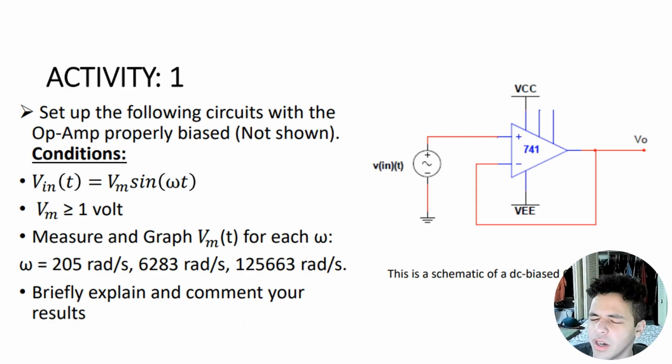Here in activity 1, I created that same circuit with the conditions stated below, and I made Vm equal to 1 volt to meet the condition. The objective of this activity is to determine why the change in radians per second or hertz affects the value of volume and also the graphs of the circuit.